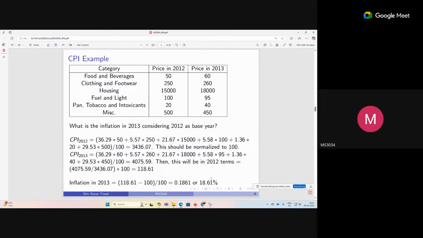This is how we calculate CPI and inflation. Okay, is this clear to you? I think we have a few examples in our GA also. So if you have any doubts, please feel free to raise them.